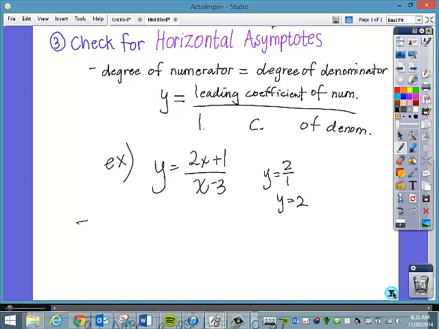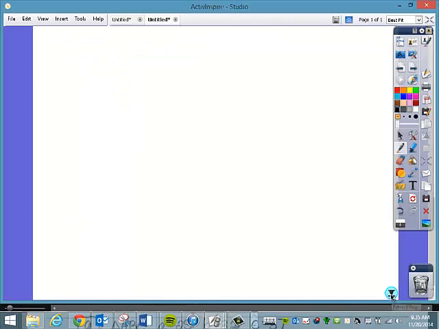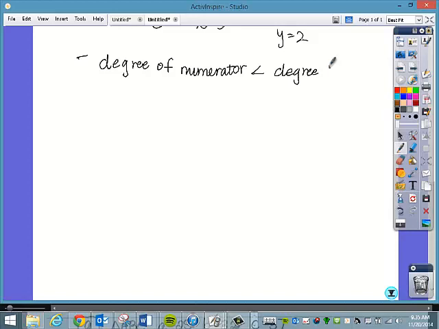Situation 2 is where the degree of your numerator is less than the degree of your denominator. So something like y equals x plus 3 over x squared minus 4.